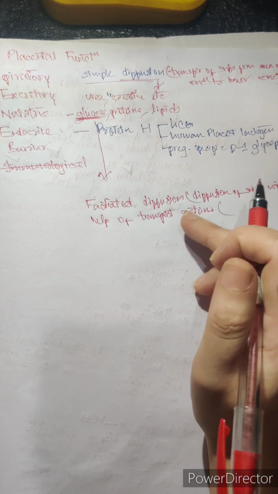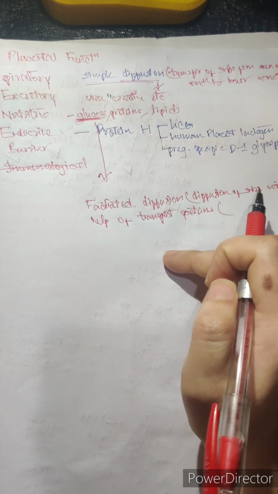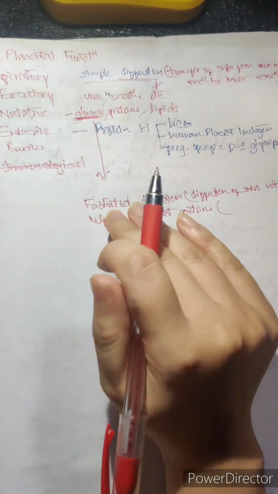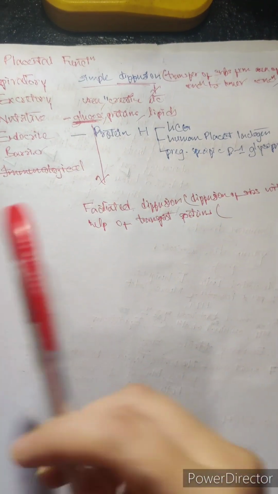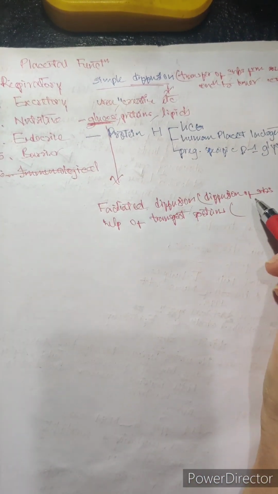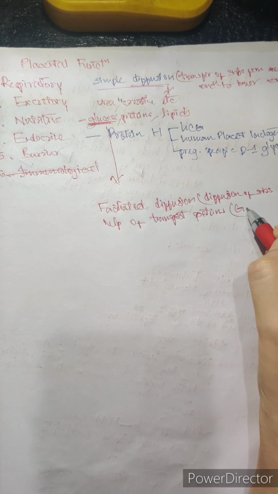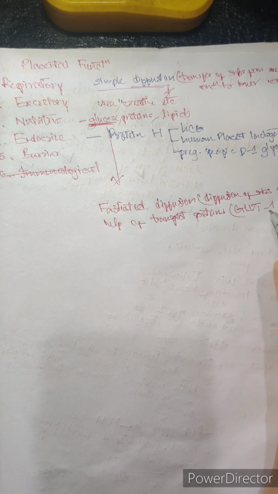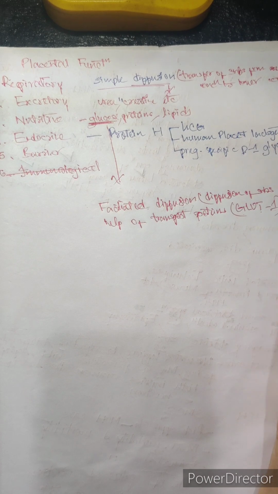What are transport proteins? These are the proteins which help in the transportation of glucose from the maternal blood to the fetal blood. The transporter protein here is GLUT1, which stands for glucose transporter 1.